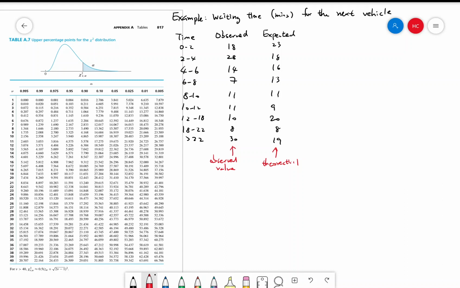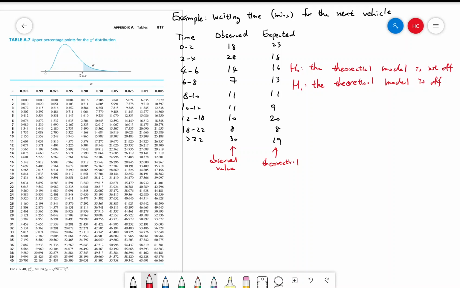H1 asserts that the theoretical model is off or incorrect, and H0 asserts it's not off.